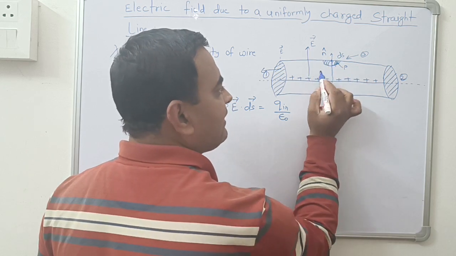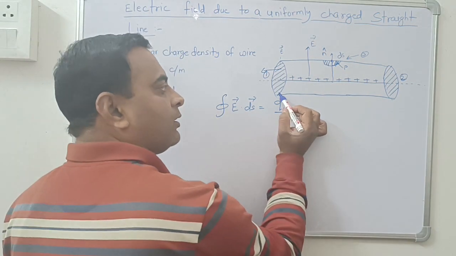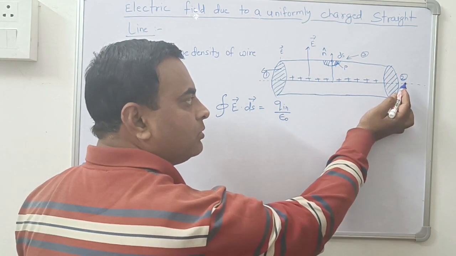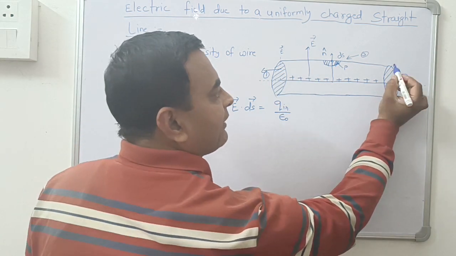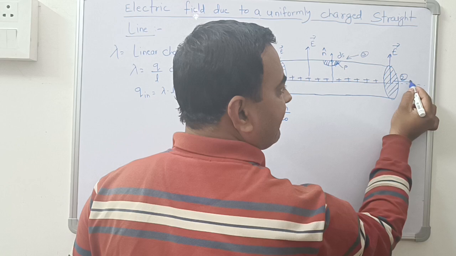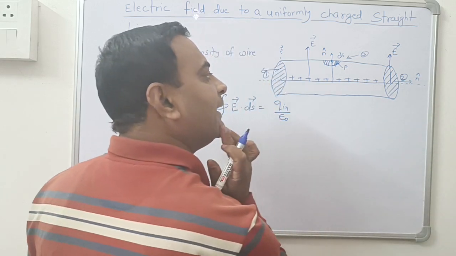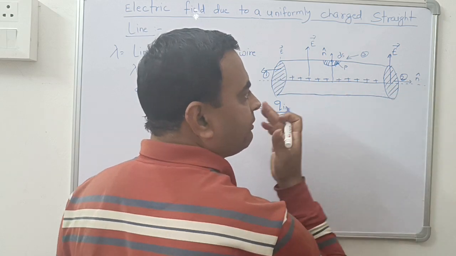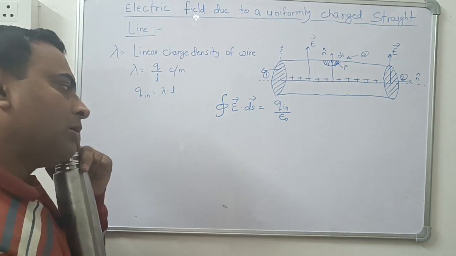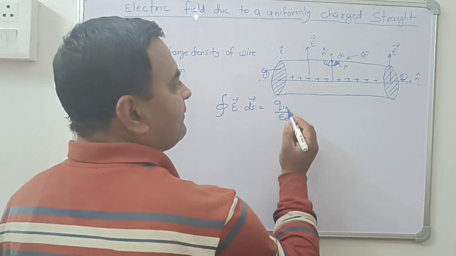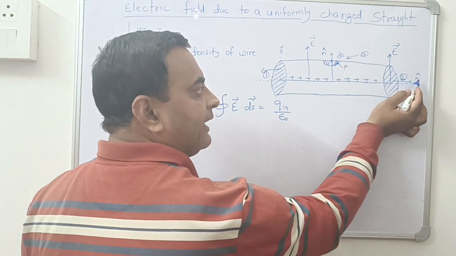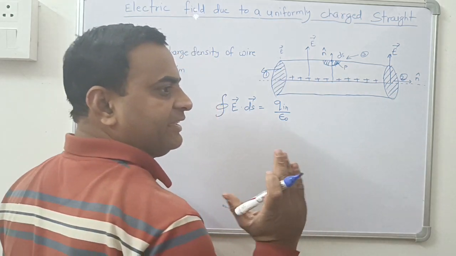So here you can see that for cross sectional areas 1 and 2, this is your electric field and this is your area vector, the unit vector, meaning this is the direction of your area. Now for the cross sectional areas 1 and 2, the electric field and the area vector are making a 90-degree angle.